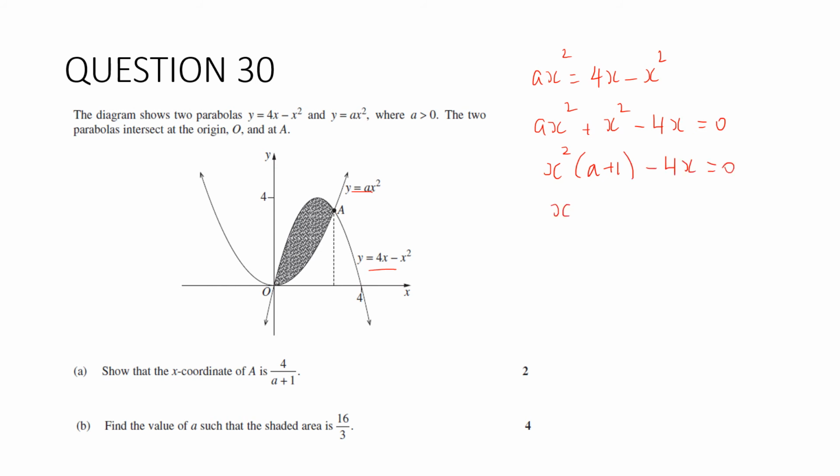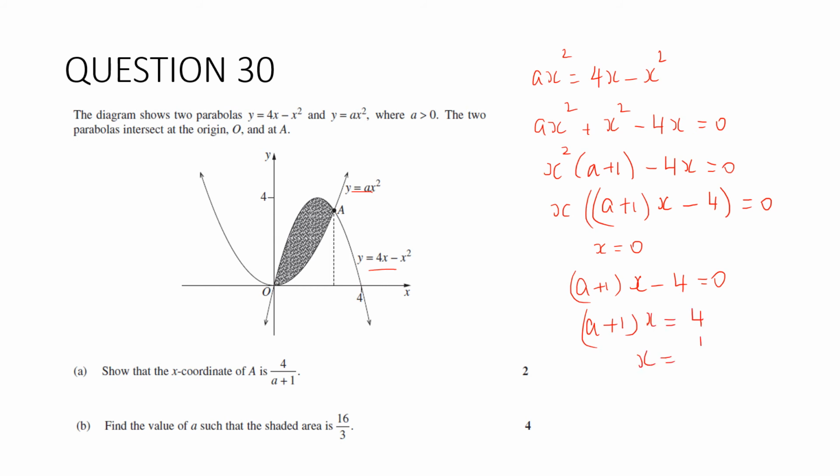And factorising the x out, I get x times a plus 1, x take 4. Either x is equal to 0, which we know, or a plus 1 x minus 4 equals 0, a plus 1 x is equal to 4, x is equal to 4 over a plus 1.